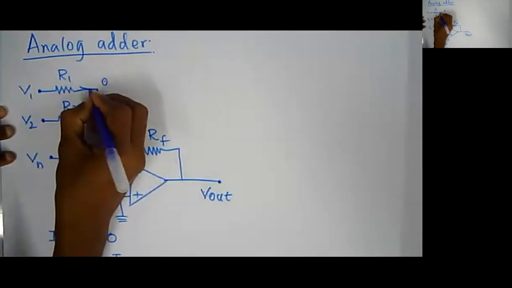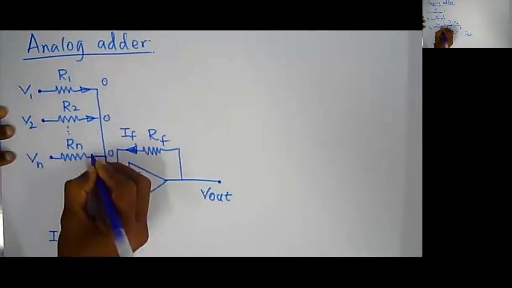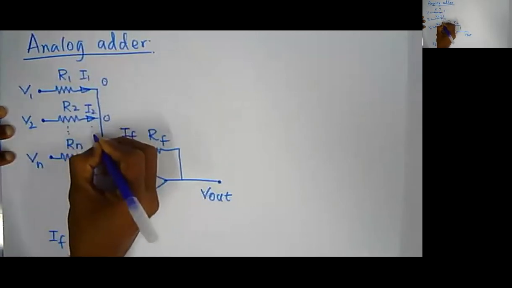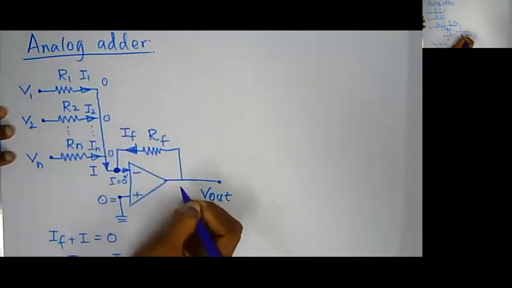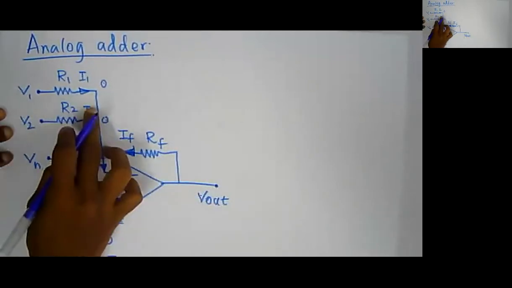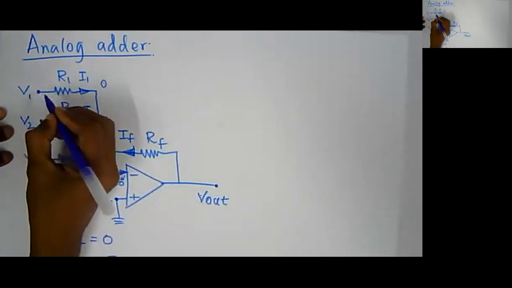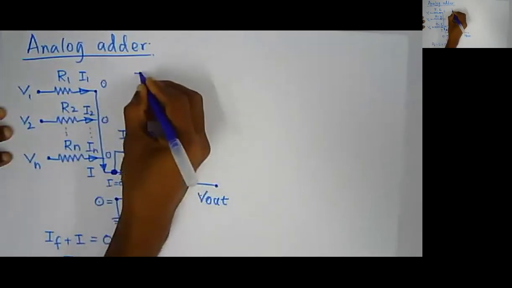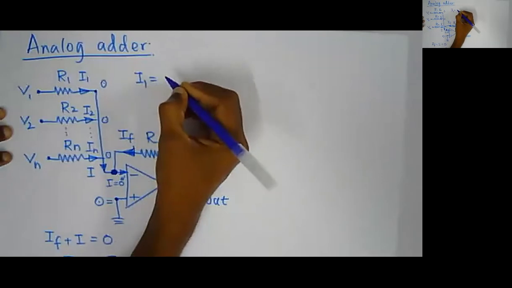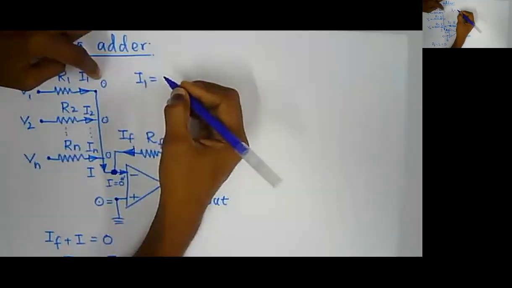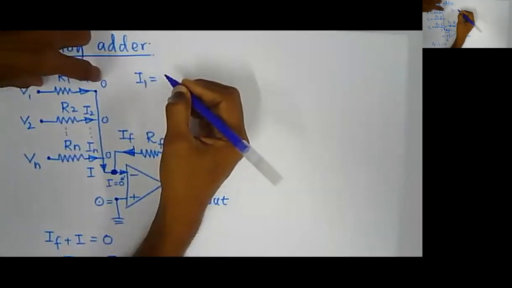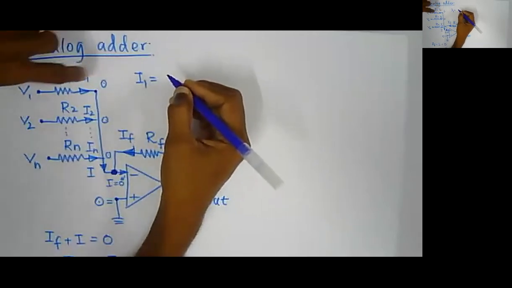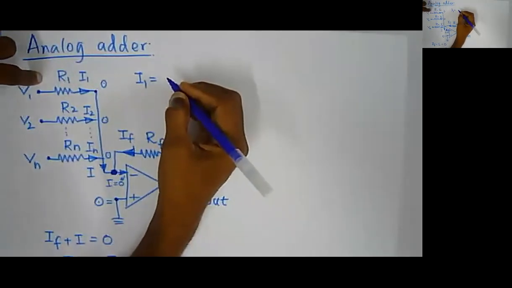Let me calculate the current through each branch: I1, I2, up to IN. So what will be my I1? I1 will simply be V1 minus 0 divided by R1. Here we have V1 and this is 0 voltage, so the voltage difference across the resistance is V1, and the value of the resistance is R1.